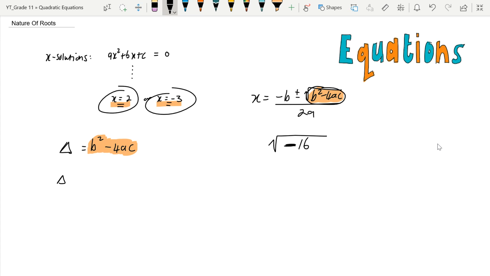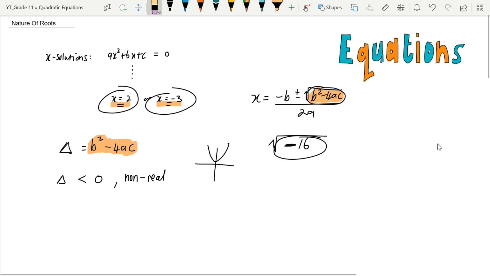When your delta is smaller than 0, it means that you land up with a negative underneath the square root, and then it means that the roots will be non-real. Non-real roots. That's our prediction of what it will be like. Do we know exactly what the roots are? Well, they're non-real roots. The visual is that one over there, where it never cuts the x-axis.